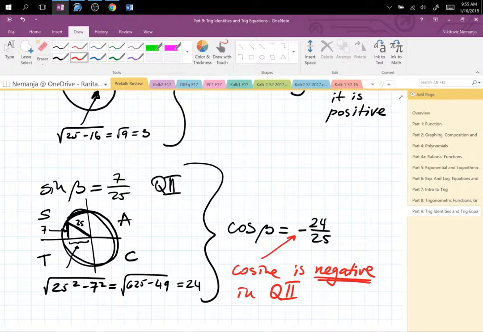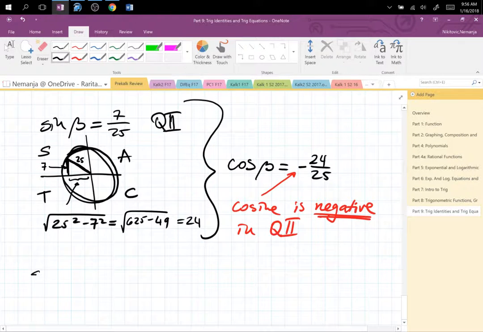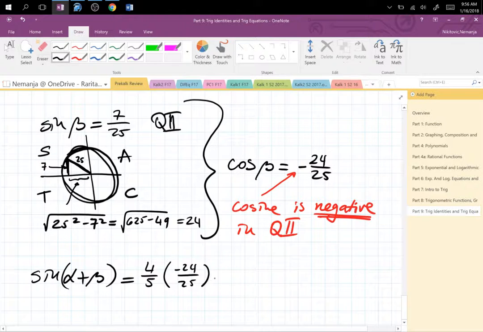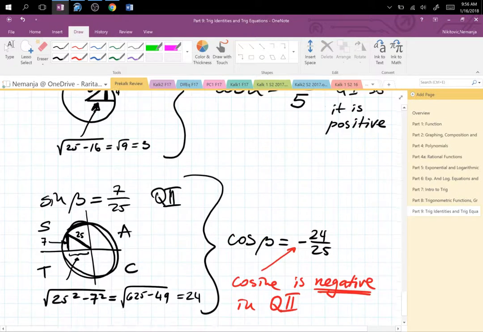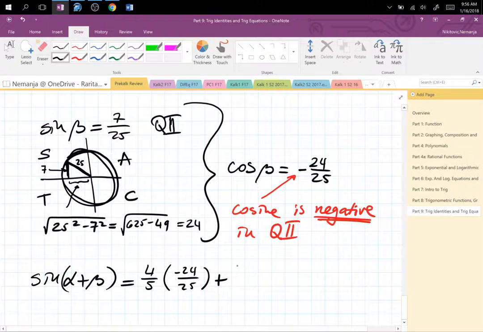Yay! I have everything now. We can go and compute our sine of alpha plus beta. So sine alpha was 4/5 times cosine beta, which is negative 24 over 25, plus cosine alpha, which we calculated is 3/5, times sine beta, which was 7 over 25.